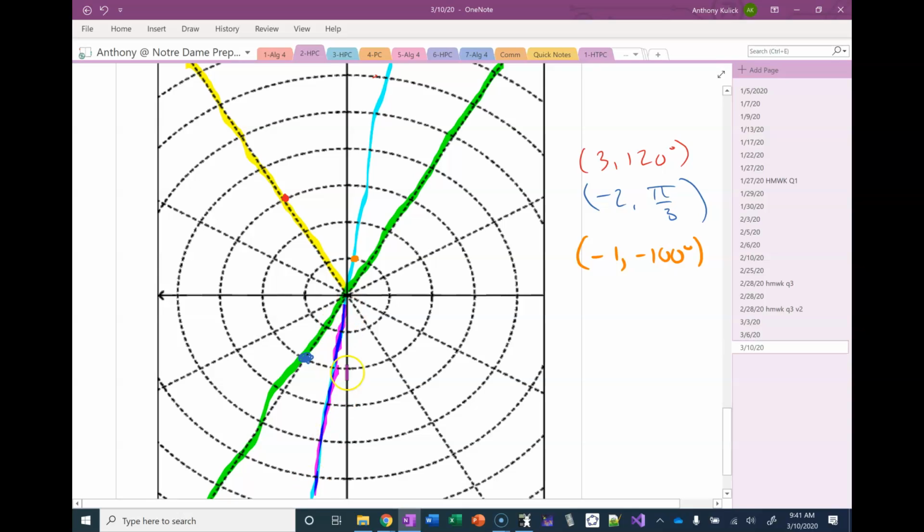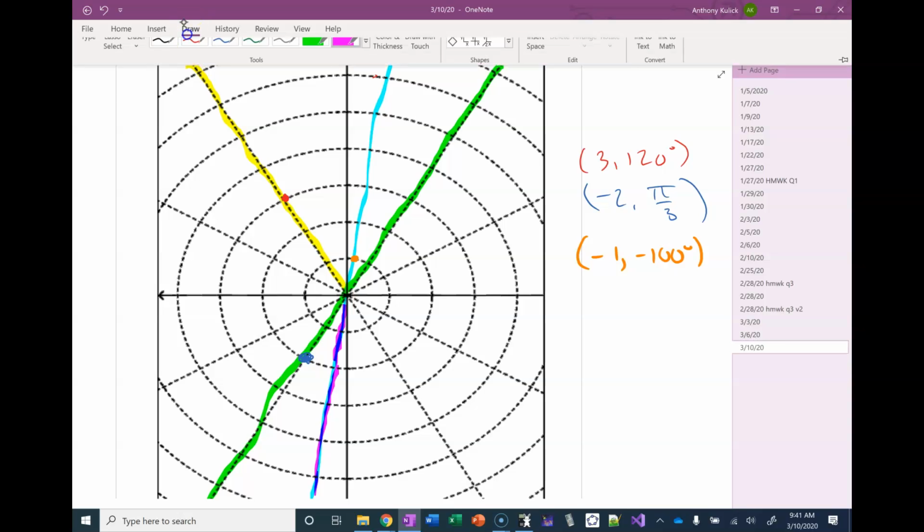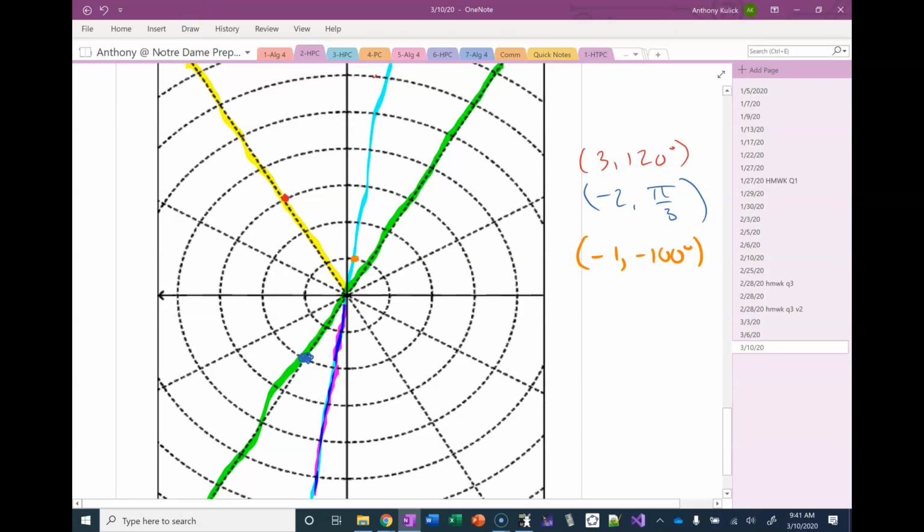So this is negative 100 here, this line. But I'm going the opposite direction along that line, so I extend back and graph up on the blue part rather than the purple part there. Does that make more sense? It's maybe a better description of what I was doing there. Sometimes you just trip over your own words.